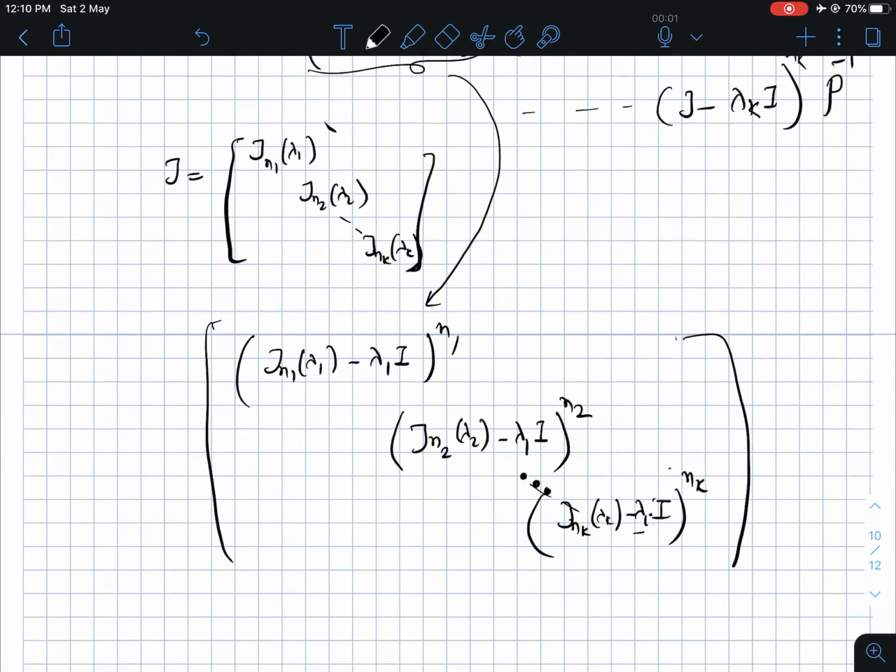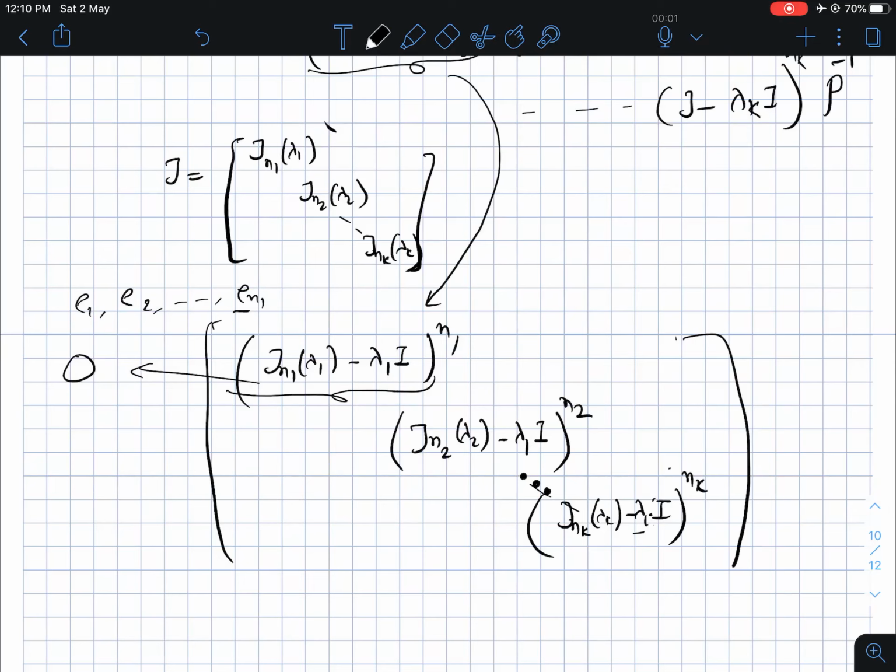Now what you see here is that this first diagonal block is a Jordan block subtracted by lambda 1 I, the same lambda 1 that is present in the diagonal of this Jordan block, taken to the power of the same order, n1. We discussed earlier that this quantity is 0, because this matrix has all the vectors e1, e2 to e_n1 in its null space.